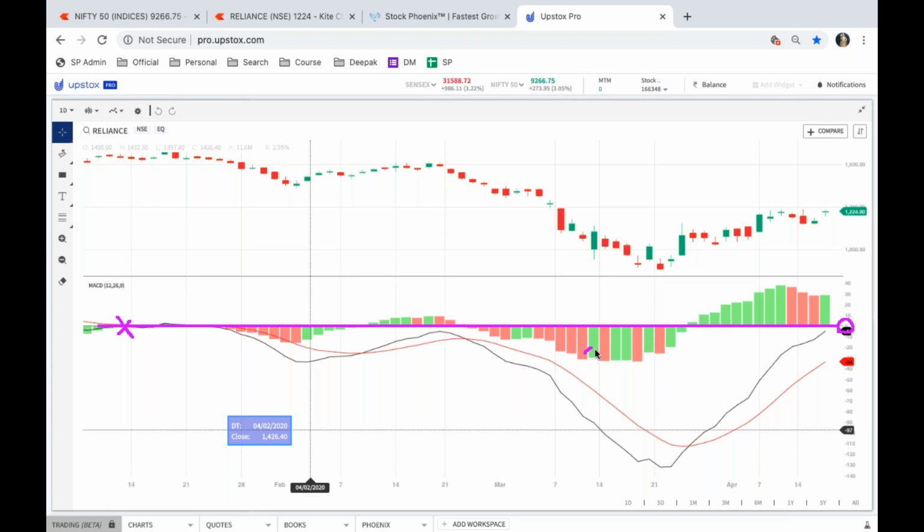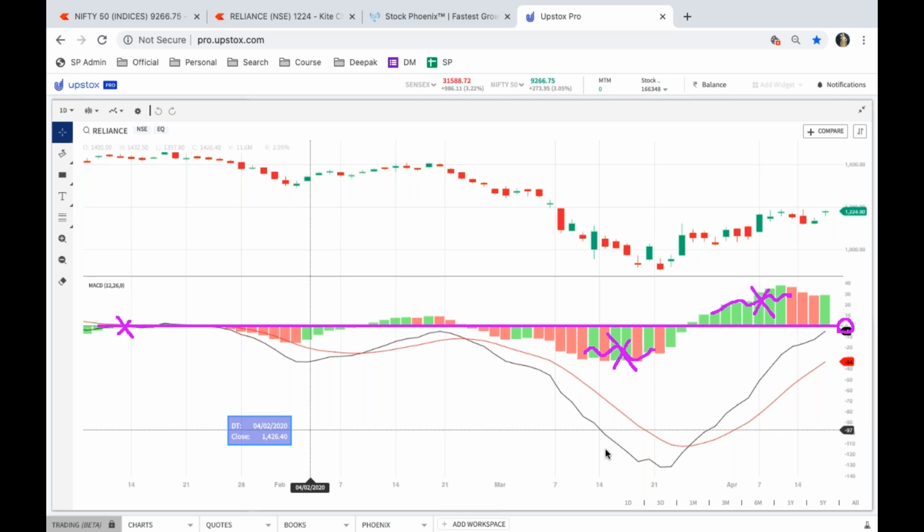Then this is called the MACD histogram, which is above and below. Again, we don't have anything to do with this. Any doubts? Very simple. There are two. First is the zero line. Next, there is the MACD histogram. It comes by default. We don't have anything to do with the MACD histogram.